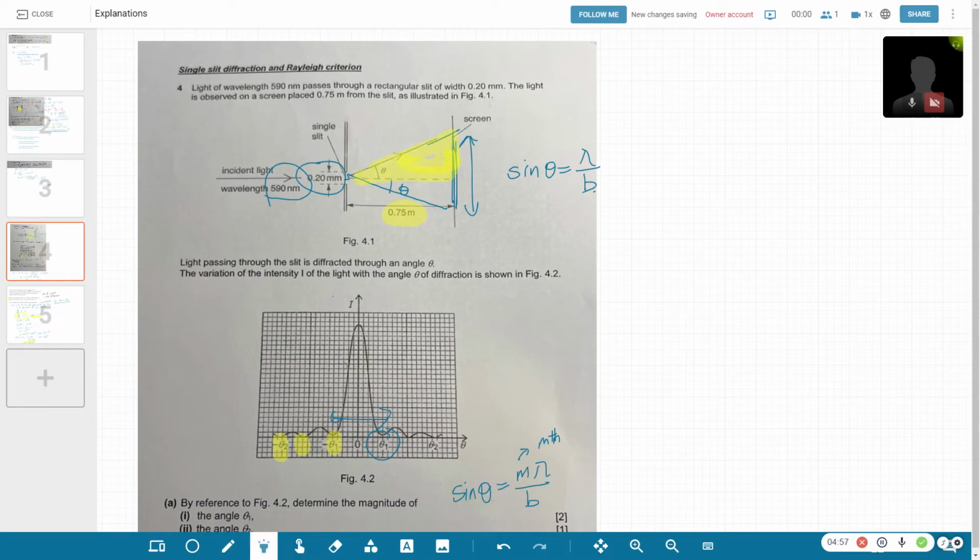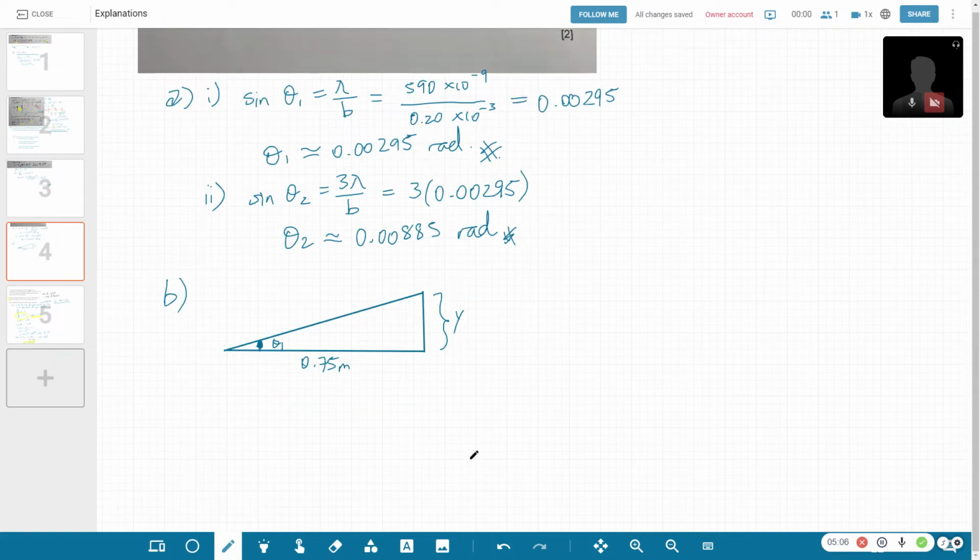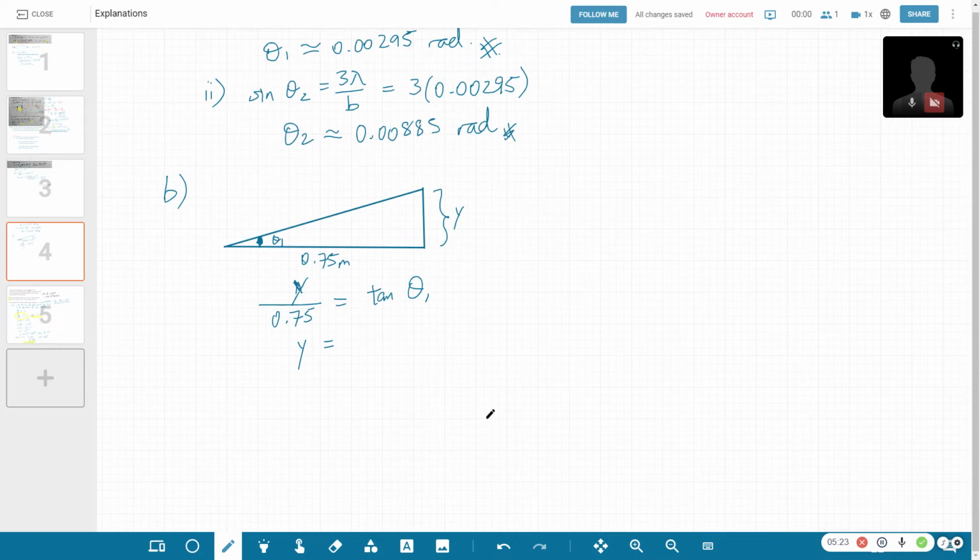Let's let this be y, and we know that y divided by 0.75 equals tangent of theta 1. Tangent of theta 1 is still about the same because of small angles.